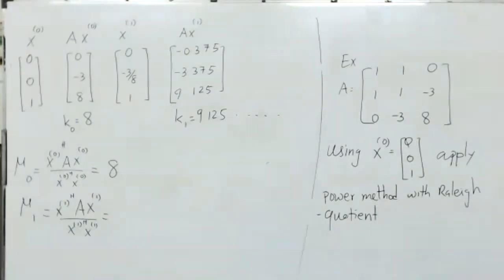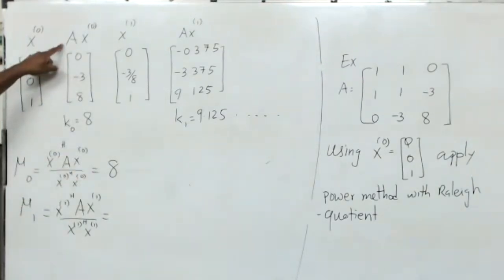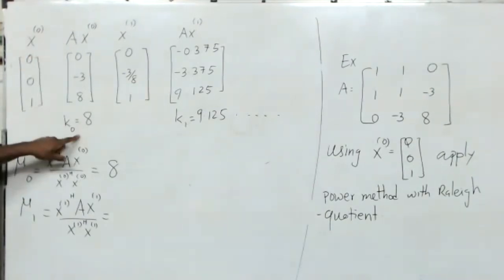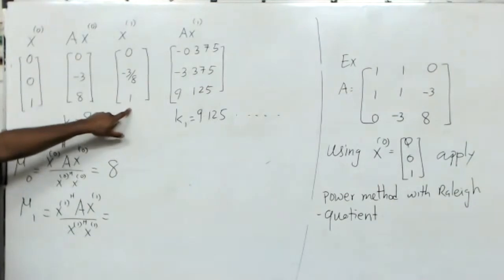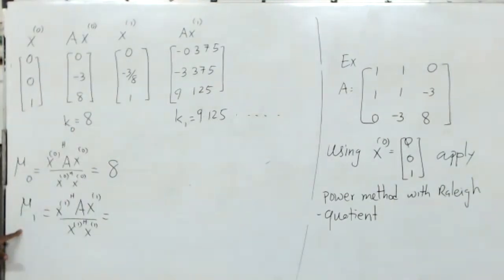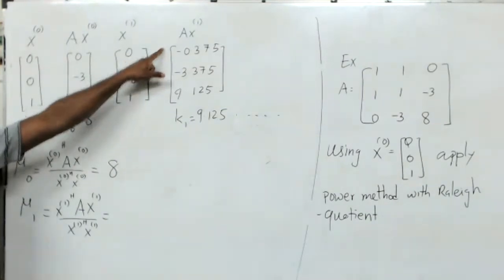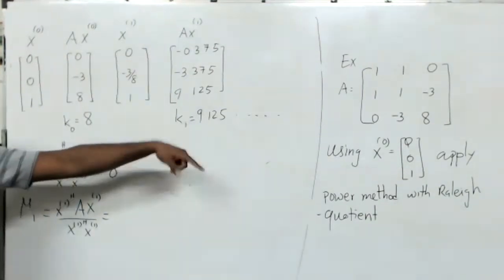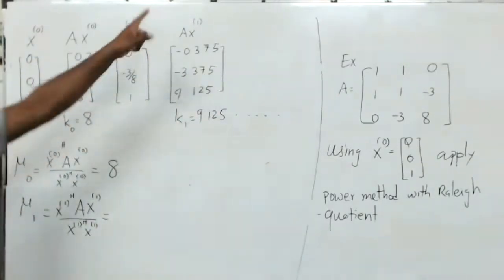What we usually do is, once we get x naught, we get mu naught, then find A x naught, then k naught, then go to x1, find mu1, and then go to A x1, get k1, get x2, and once you get x2, you get mu2, in that order.